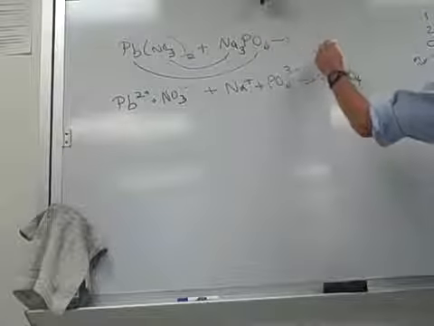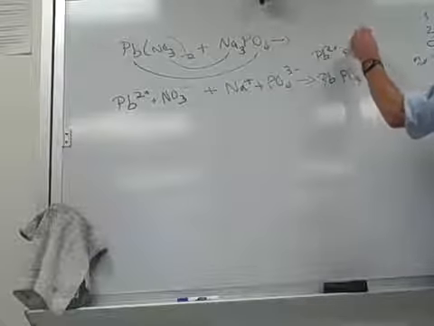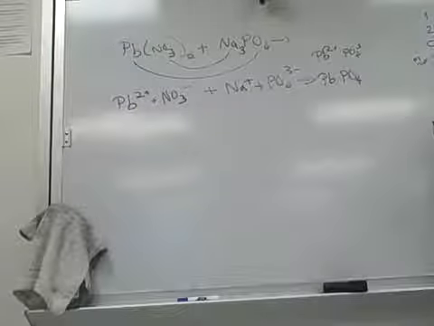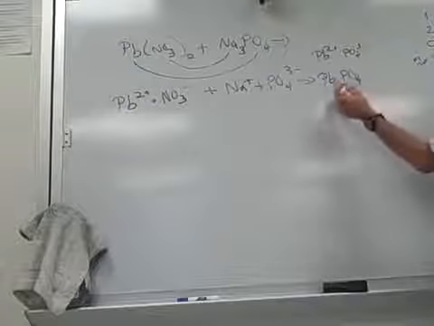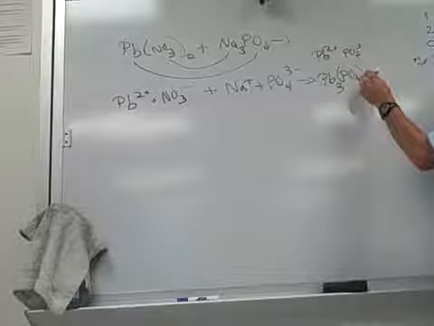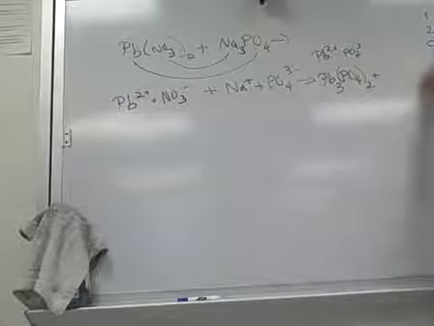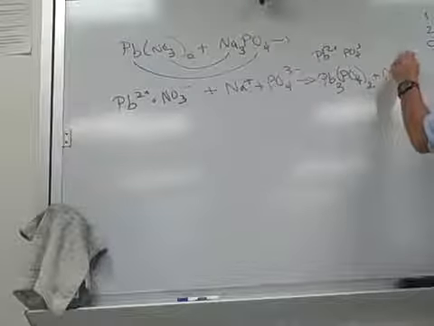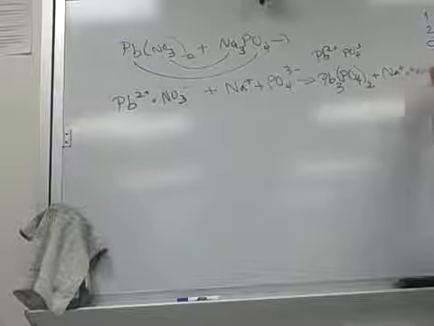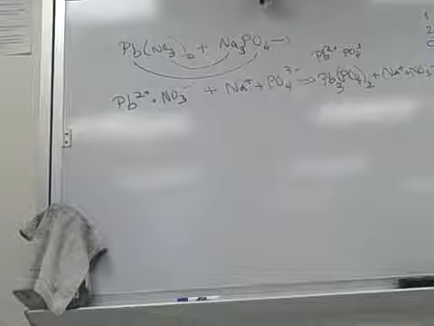Well, Pb was what charge? 2 plus. Phosphate was what charge? 3 minus. So what's the formula going to be? Pb3(PO4)2, and then what else are we going to have? We're going to have sodium ions and nitrate ions. Now, are they going to precipitate out? No.